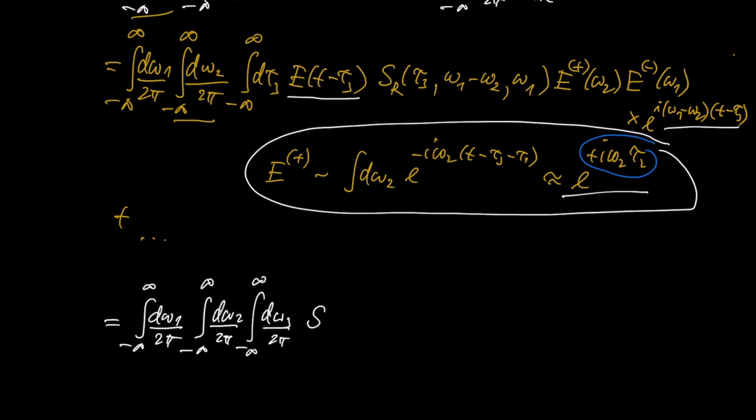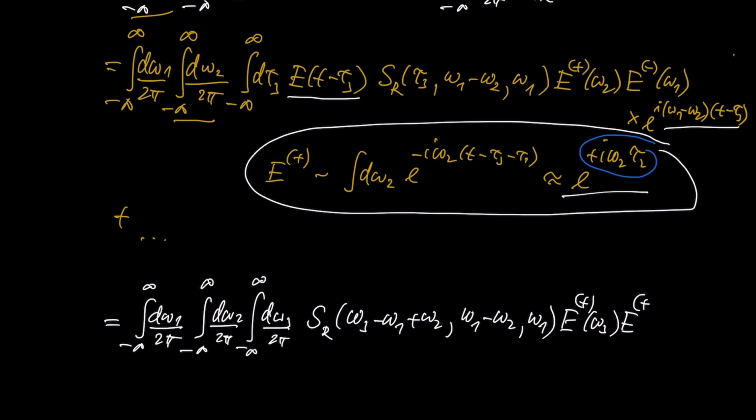So we get the S_R, and here the argument is omega 3 minus omega 1 plus omega 2. Here omega 1 minus omega 2 and omega 1, and we get E plus of omega 3, E plus of omega 2, and E minus of omega 1.